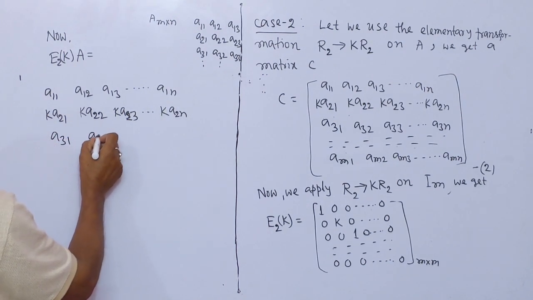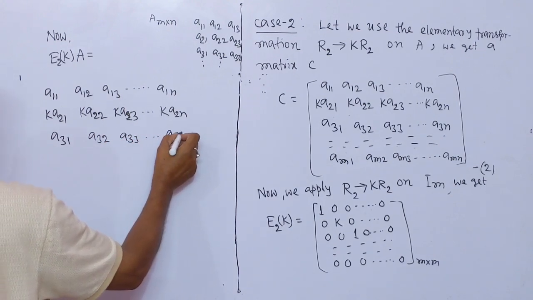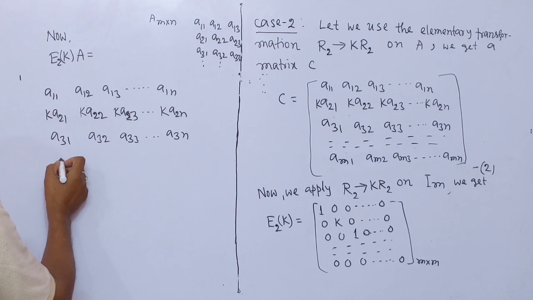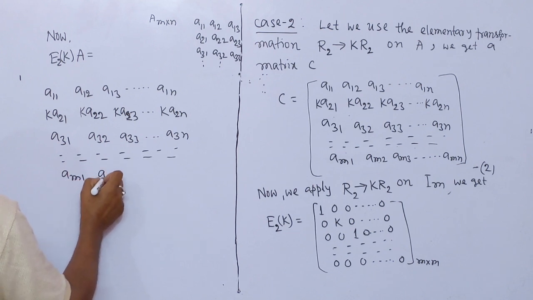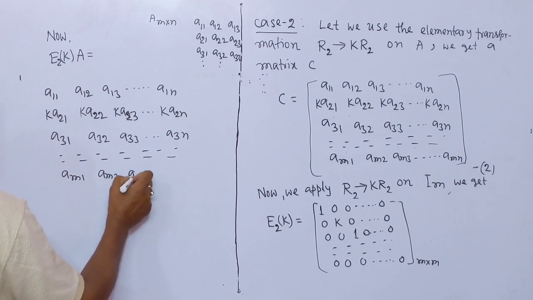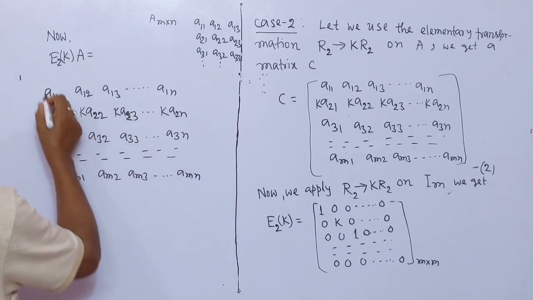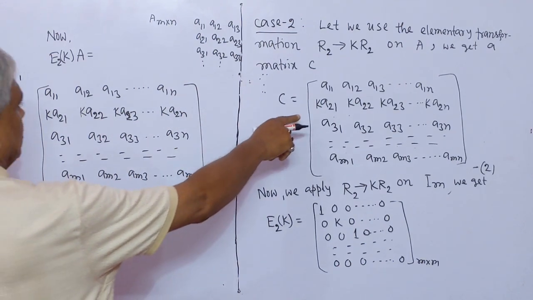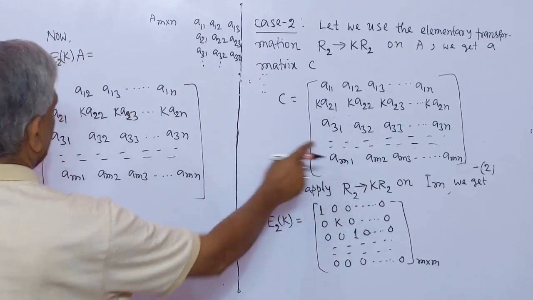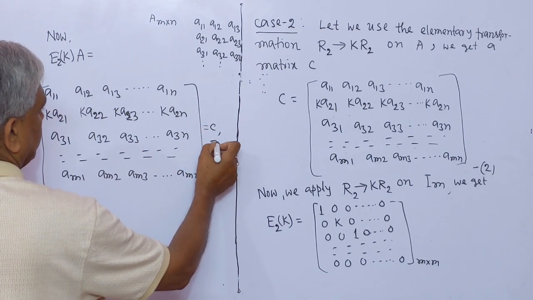So here A32, A33 dot dot dot dot A3n and other rows remain the same, AM1, AM2, AM3 dot dot dot dot AMn. This is the same as C, equal to C from 2.